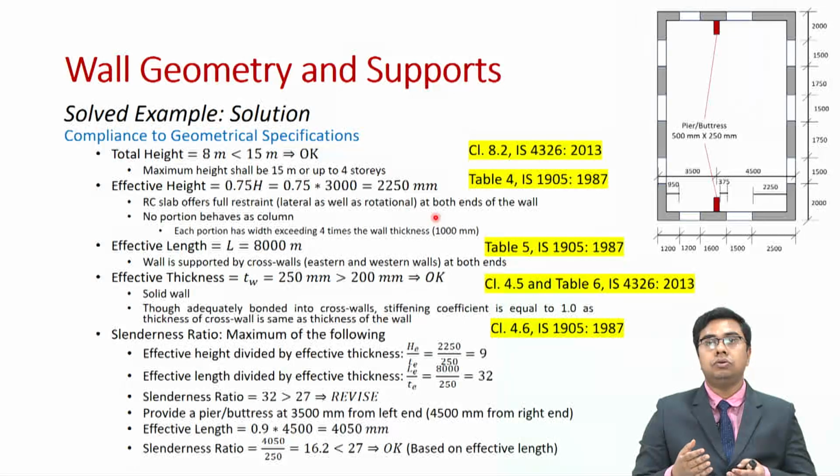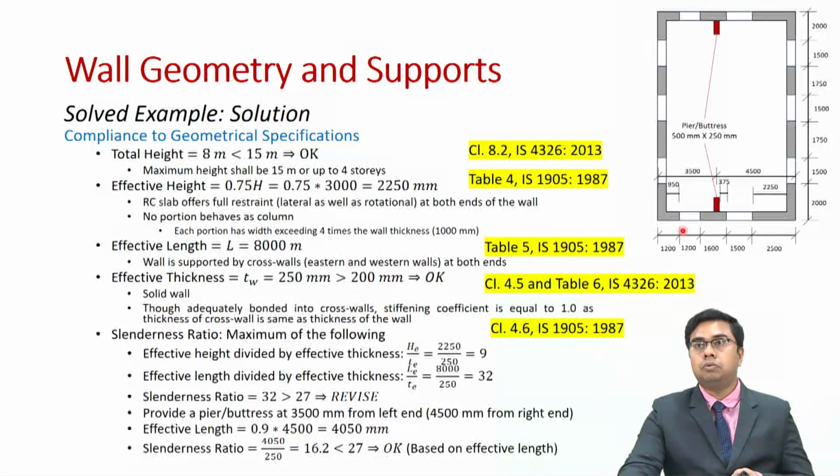Further, we also understand that since each portion of the wall has a length which exceeds 4 times the wall thickness, the wall thickness is 250 millimeters, and as you can see, this is 1200 millimeters, this is 1600 millimeters, this is 2500 millimeters, which is more than 4 times 250 mm.